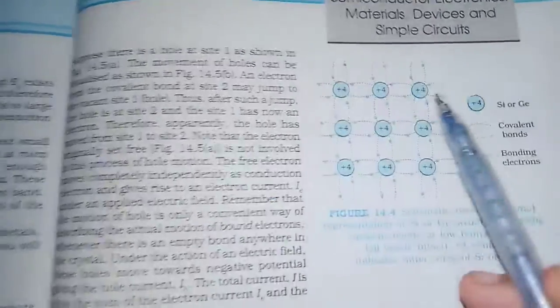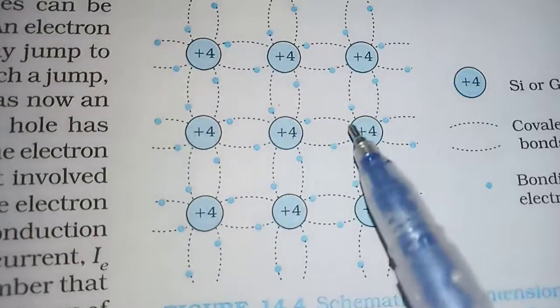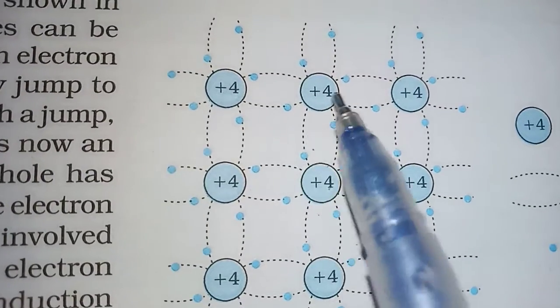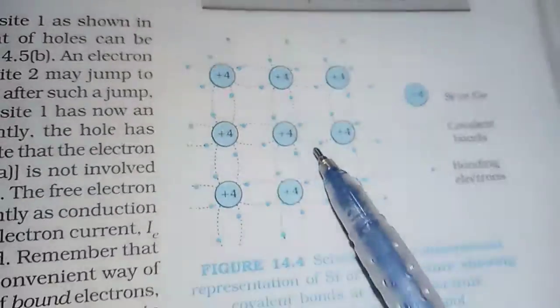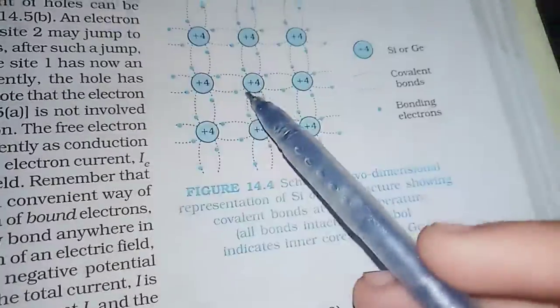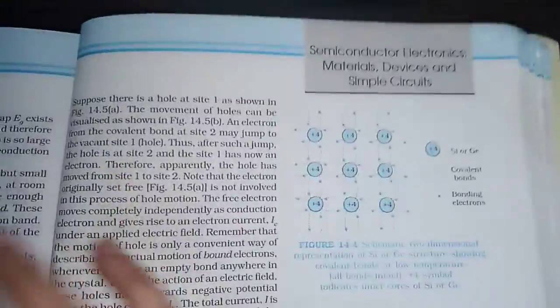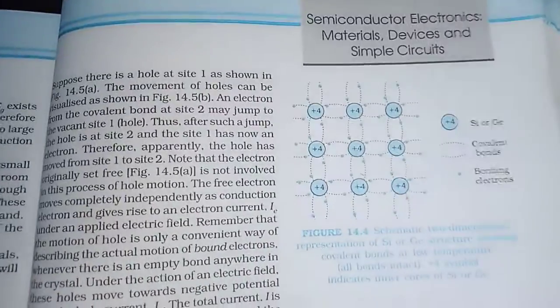So in this figure you can see that, let it be silicon or germanium, it has its 4 valence electrons, which are further shared, one electron with another and another one. So this was completely done. Now a hole is created.